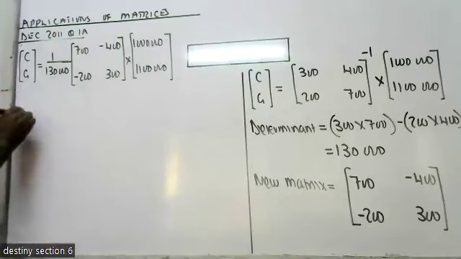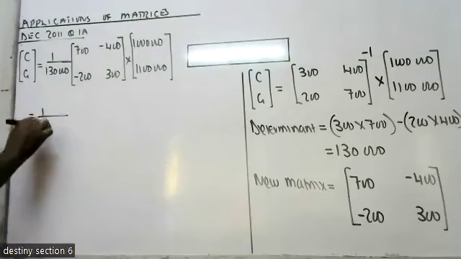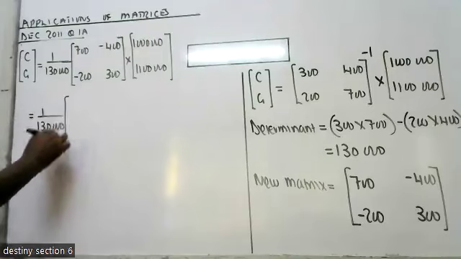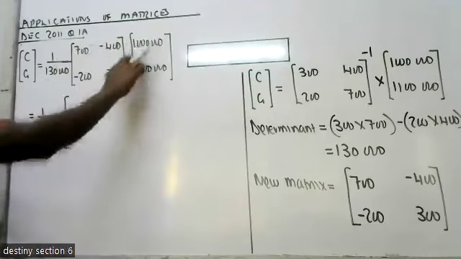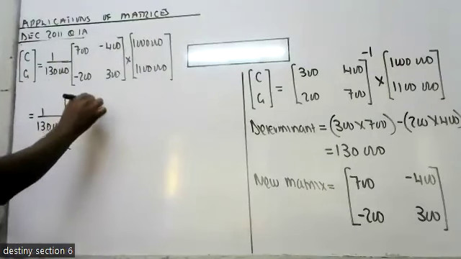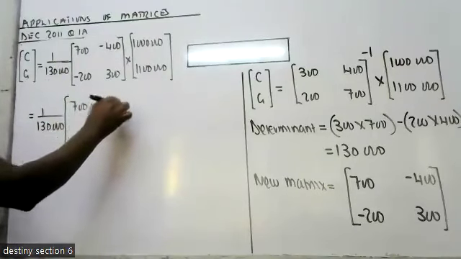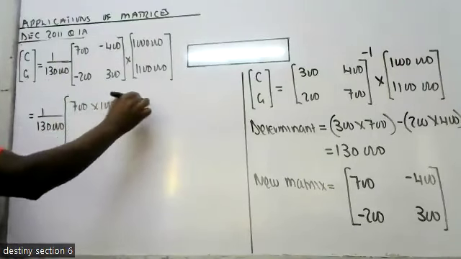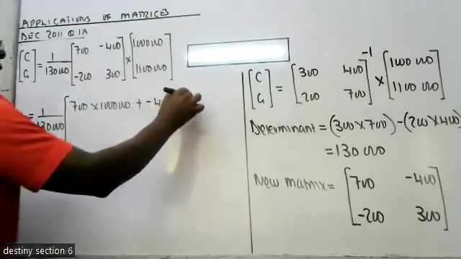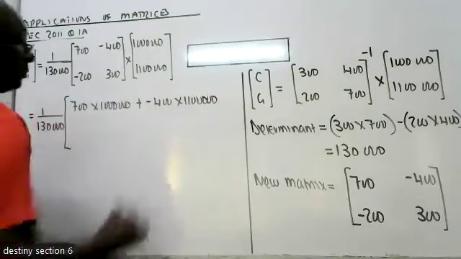So this proceeds on to become 1 out of 130,000. You know how to multiply, so it is this multiplied by this. So I'm going to have 700 multiplied by 1 million plus minus 400 multiplied by 1.1 million.